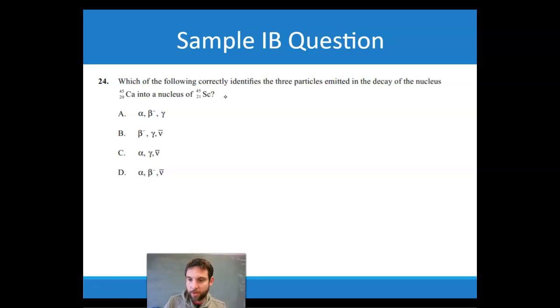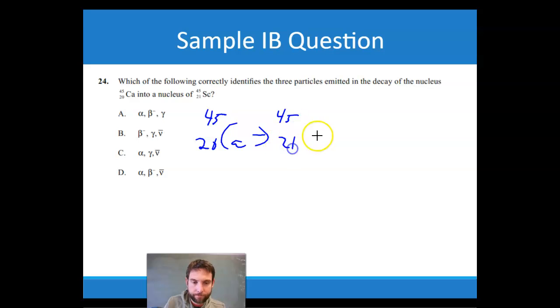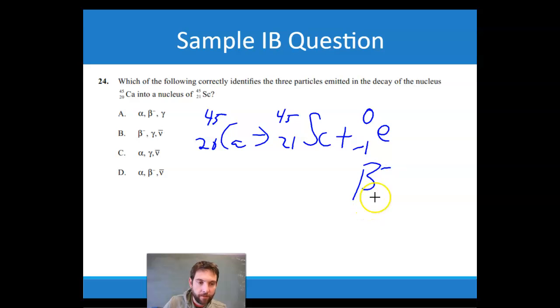So what we'll do is we're going to write out this reaction. 45, 20, calcium, 45, 21. All right, so we've increased our proton number, which means we need to add a beta minus particle, which is, there's our electron, so there's our beta minus particle right here.